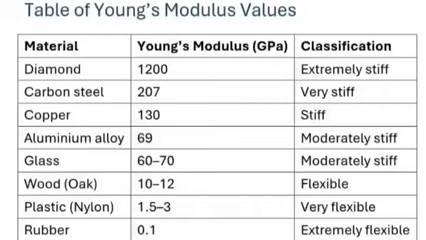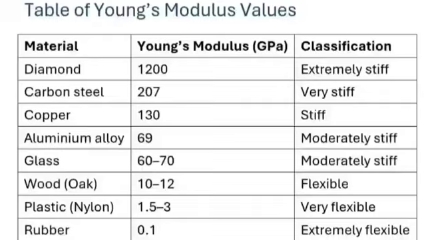You see that the unit of Young's modulus here is gigapascal, meaning all the values here are multiplied by 10 to the power 9. If we take the first material, diamond, it has a Young's modulus of 1200 gigapascal. This is a huge value, and therefore diamond is classified as an extremely stiff material.